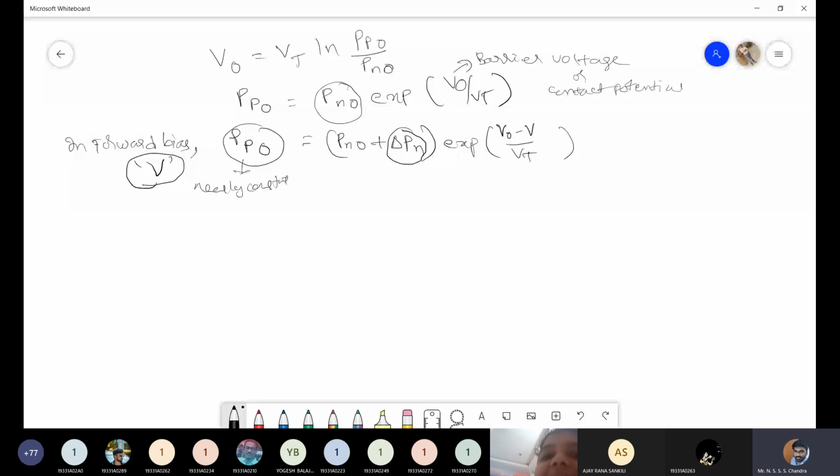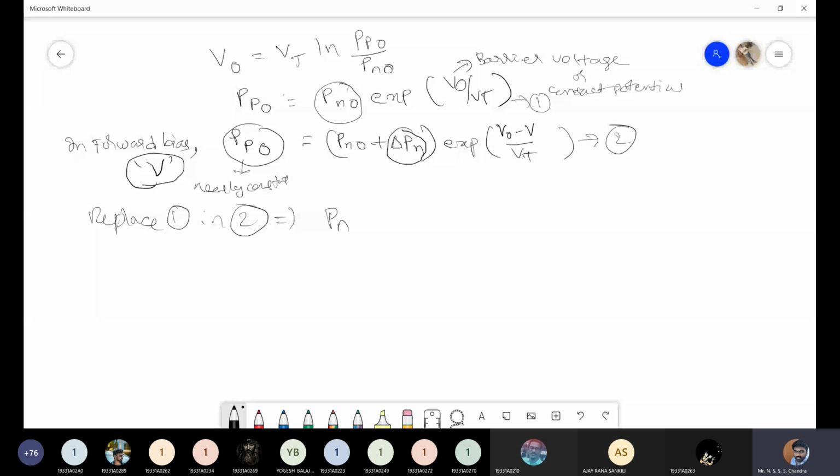Let us consider this equation as 1 and this as 2. Now I will replace 1 in 2, because Pp naught has not changed much.